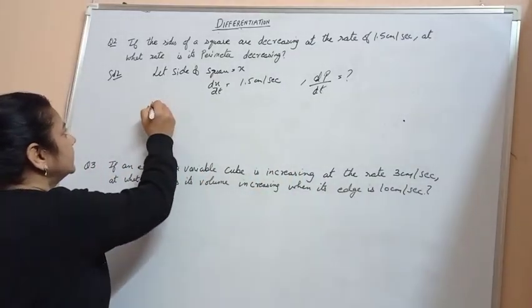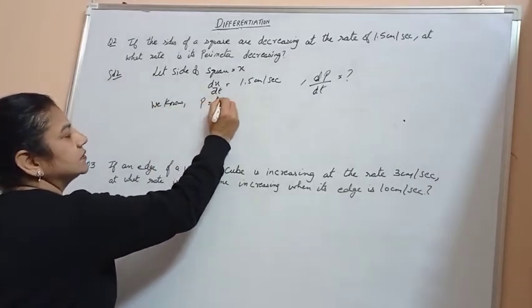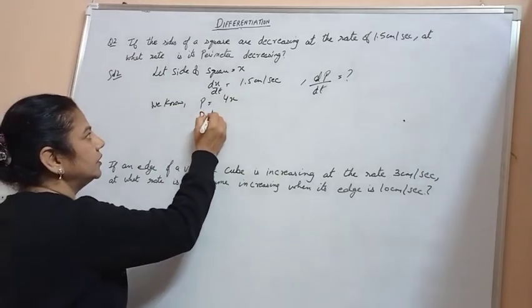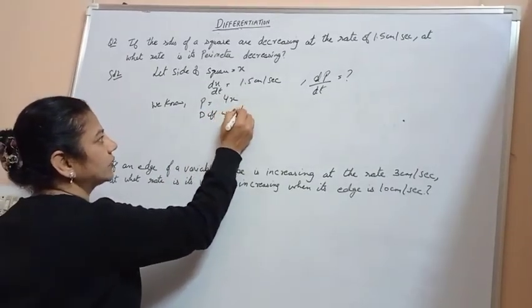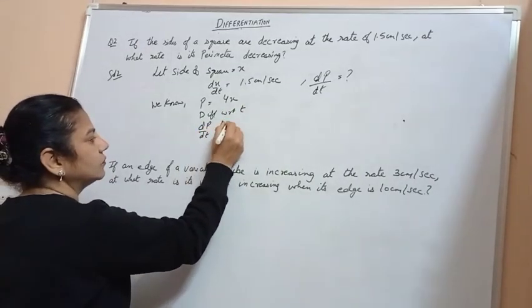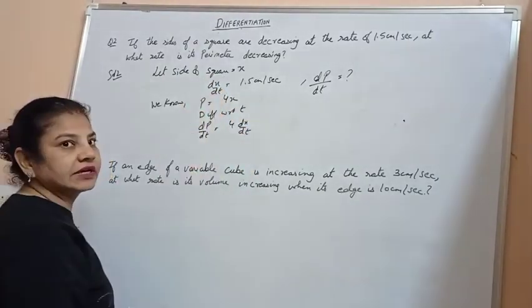And we know that perimeter is 4 into side. Differentiate with respect to t, t for the time, we have dp by dt is equal to 4 dx by dt. Substitute the value of dx by dt.